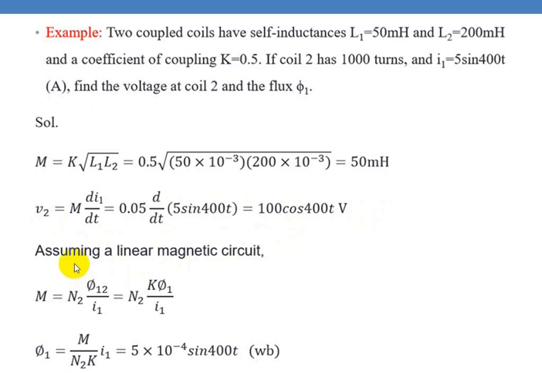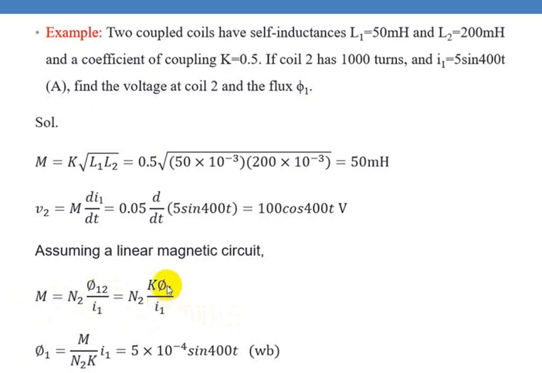Now if you assume that the magnetic circuit is linear, then we can write the following equations. We can write mutual inductance as N2 into Φ12 by I1. Also Φ12 can be written as K into Φ1, so M is N2 into K into Φ1 divided by I1.